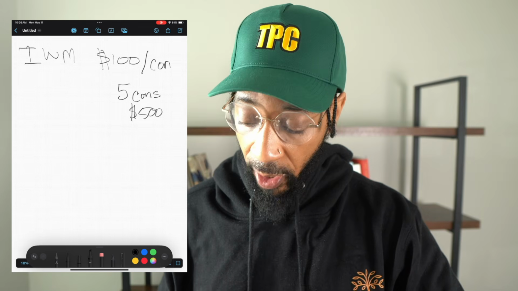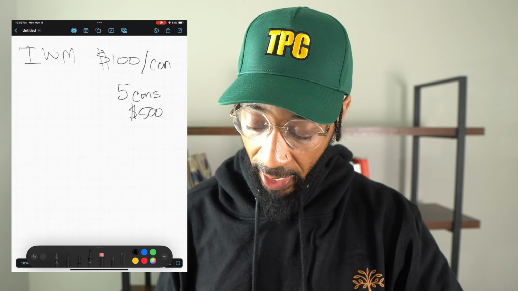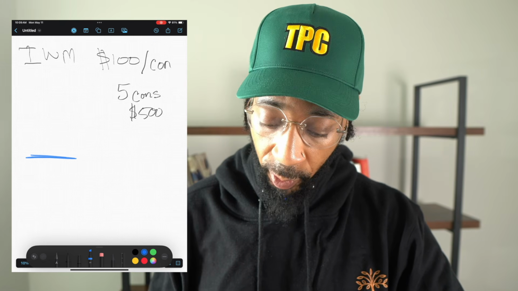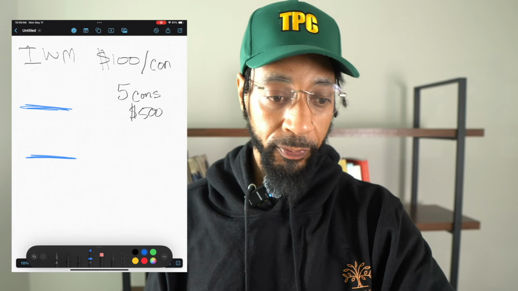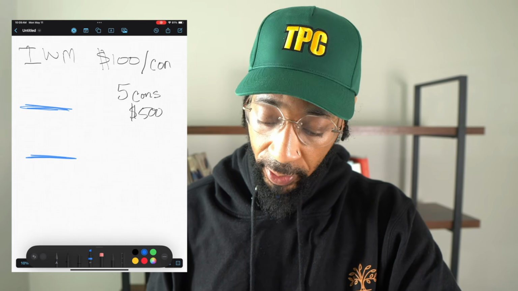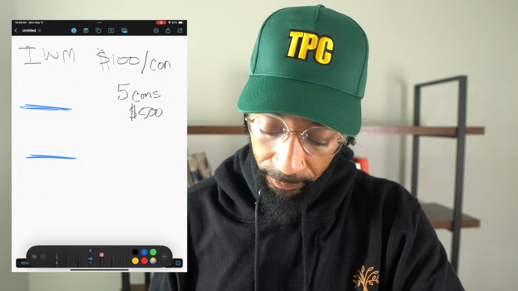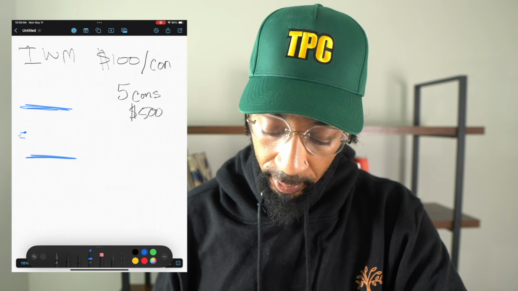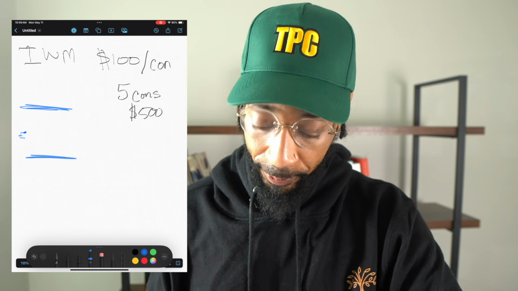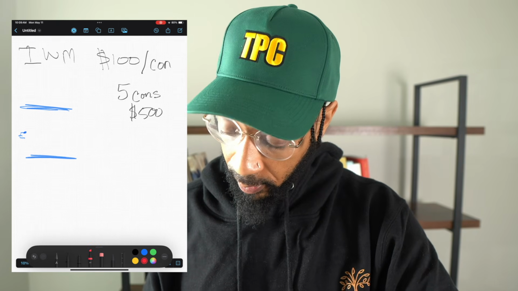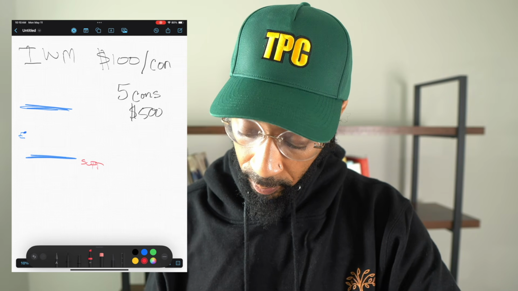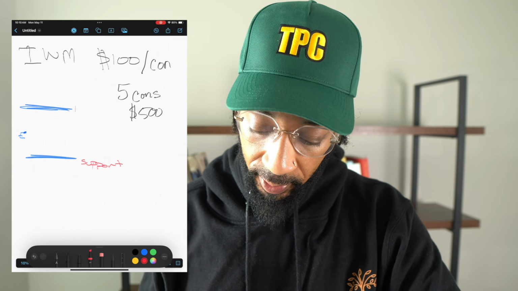Now, let's say that you are in a trade and we have a support level right here and we have a resistance level right here. And let's say you enter in a trade right here. Okay? I'm going to put E for entry. So you enter in right here. Remember, this is going to be your support. And this is going to be your resistance.